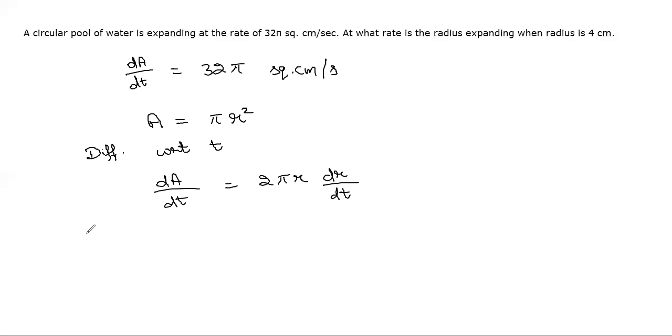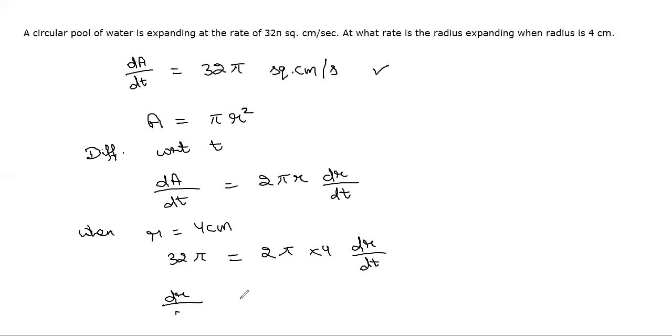So when radius is 4 centimeter and dA by dt is 32 pi, we get 32 pi equals 2 pi into 4 times dr by dt. With a little algebra, dr by dt is 32 pi over 8 pi, which is 4 centimeter per second.